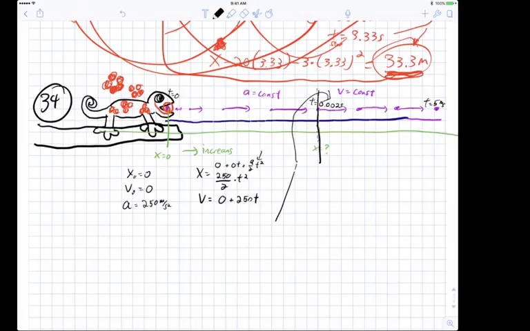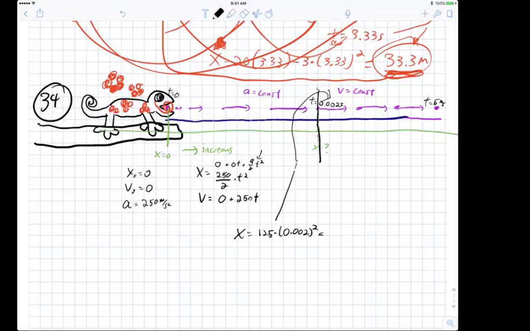That's at position 125 times 0.002 all squared, which gives us, and V is equal to 250 times, sure don't go very far.